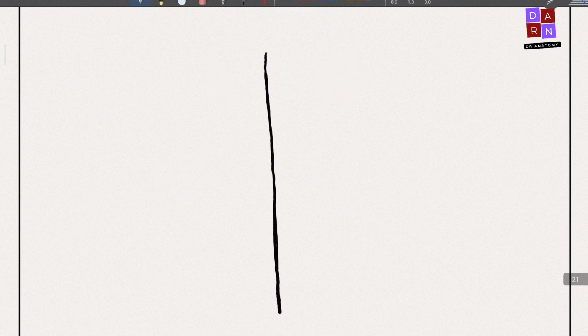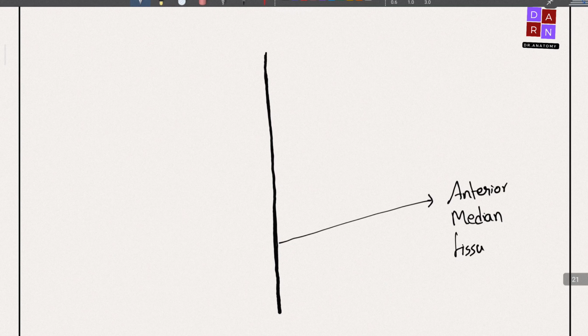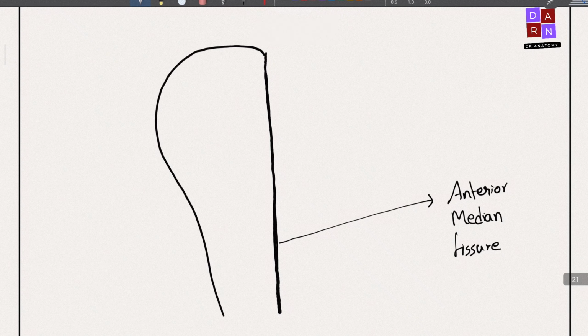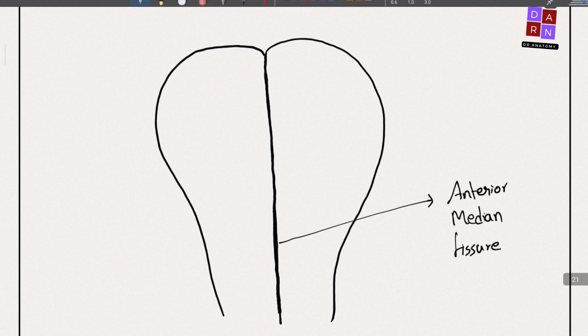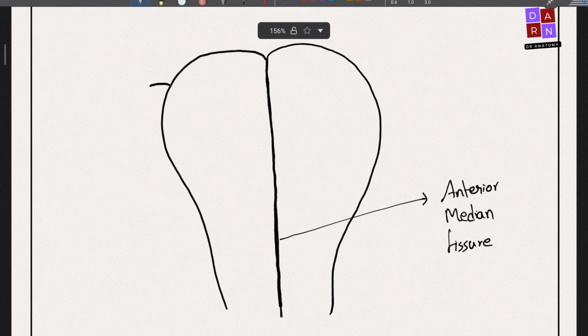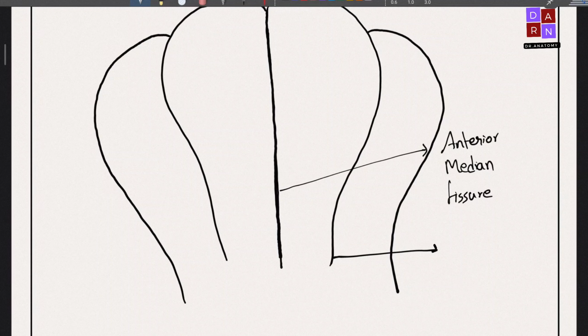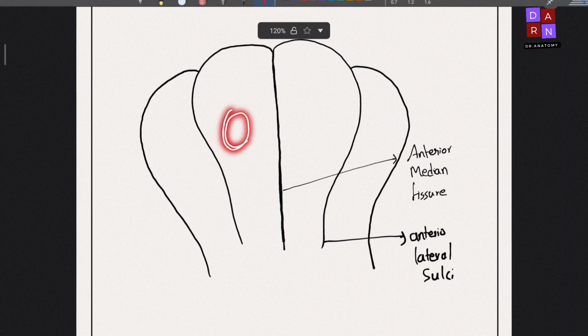The right and left halves are divided by the anterior median fissure, and further each half is divided into anterior and lateral parts by the anterolateral sulci. This is your anterior part, this is your lateral part.